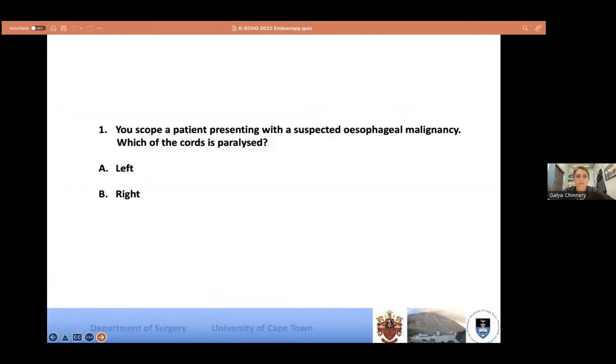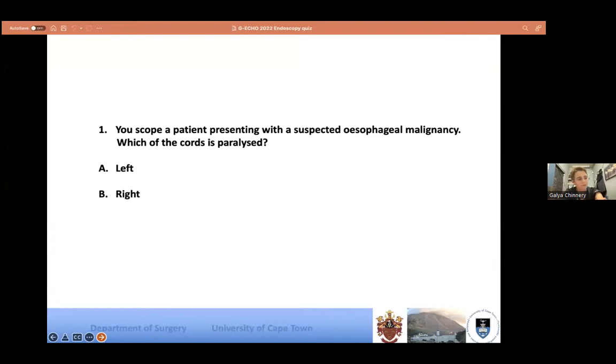And this is my question. Which of those cords is paralyzed, left or right? If you can just participate in the poll, that'll be nice. We'll give it a few seconds, and then once people have put down their answers, we'll move on.